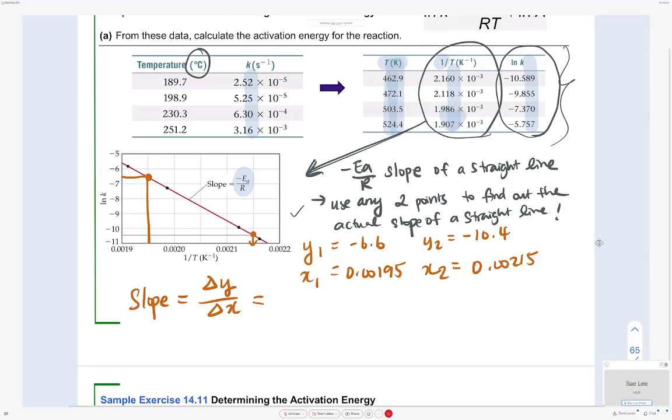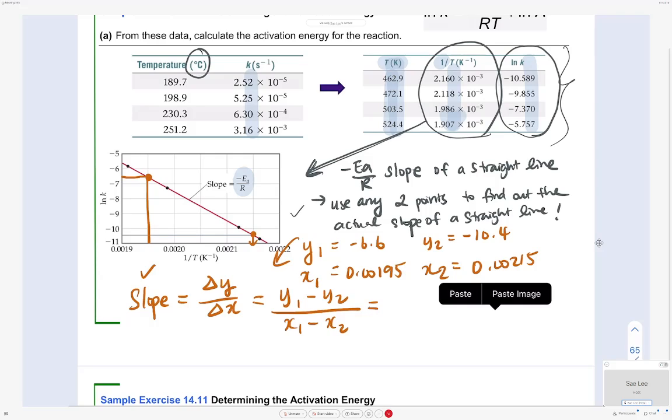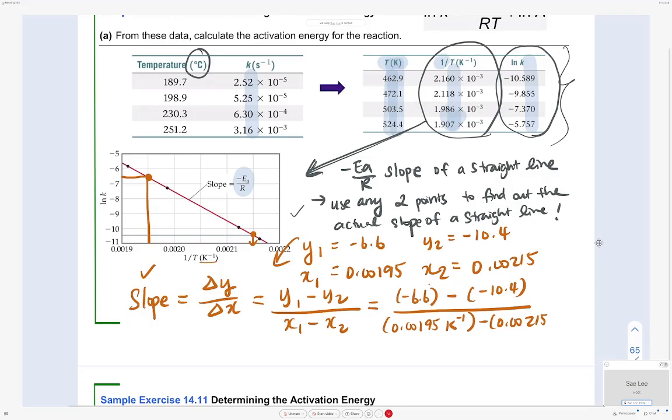So y1 minus y2 over x1 minus x2 will give you the numerical value of the slope. We plug in all these numbers: negative 6.6 minus negative 10.4, divided by 0.00195, which is inverse temperature so it has units of inverse Kelvin, minus 0.00215, again inverse Kelvin.